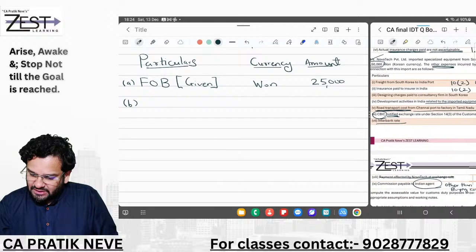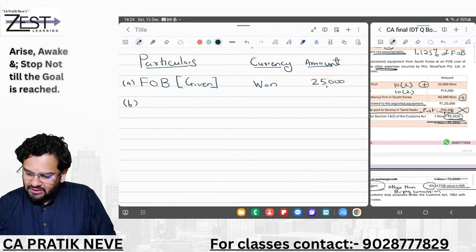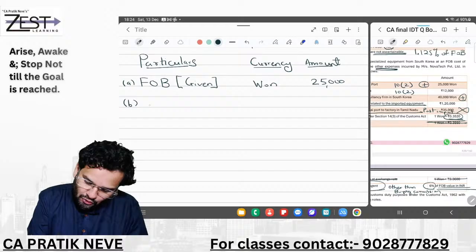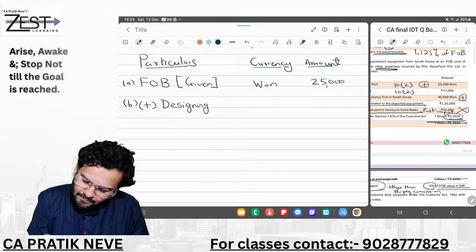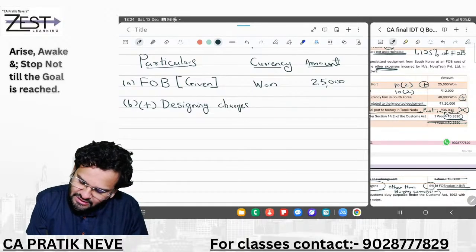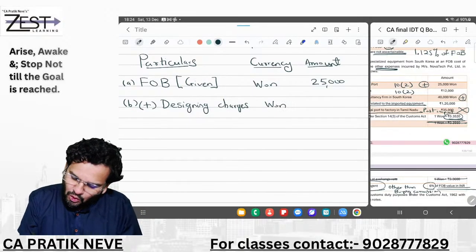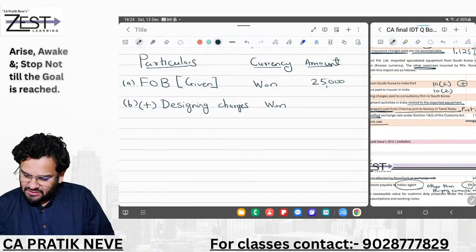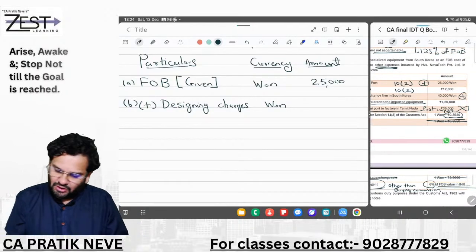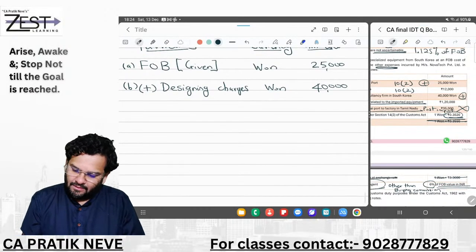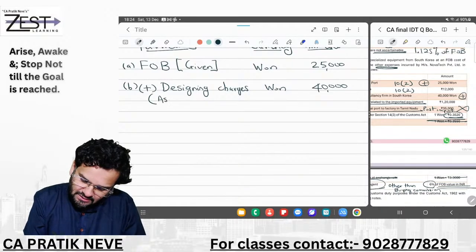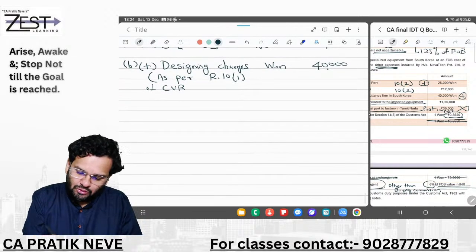Then designing charges paid to a consultancy firm in South Korea, so of course add designing charges, which are also in foreign currency, 40,000, as per rule 10(1) of customs valuation rules.